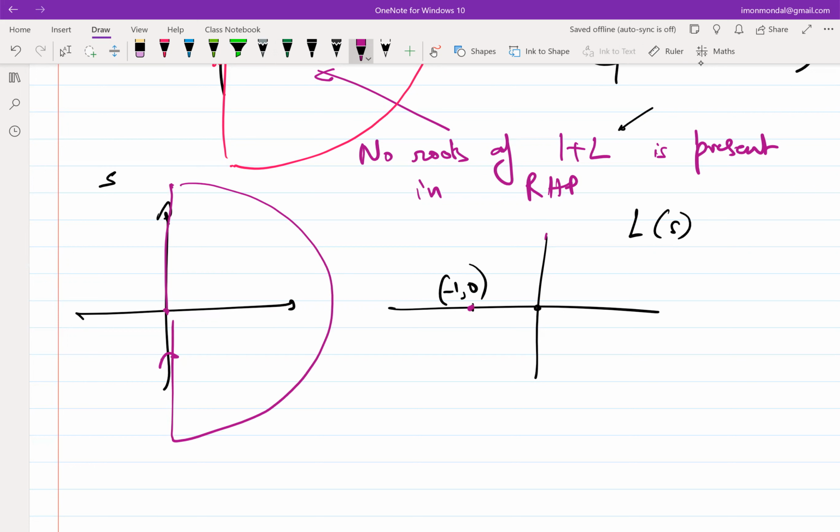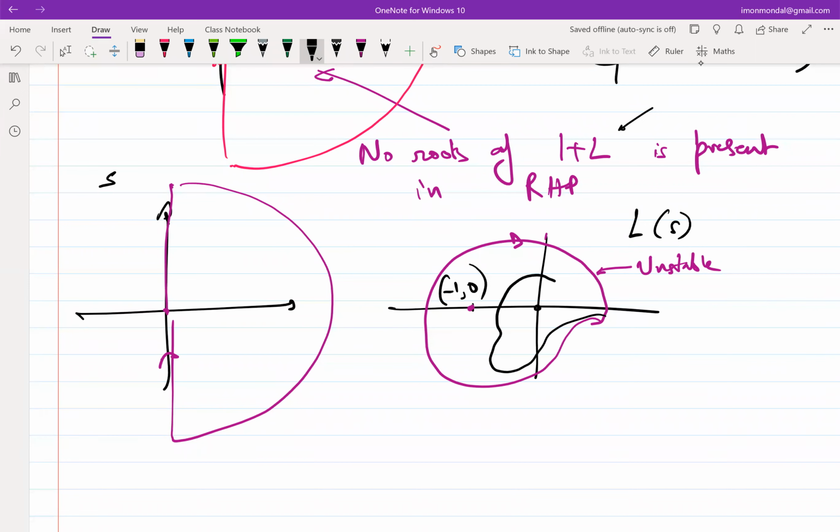If the contour looks like this, then I know it's unstable. If my contour looks somewhat like this, then I know this is stable, because in one case you have encirclement, in another case you don't.